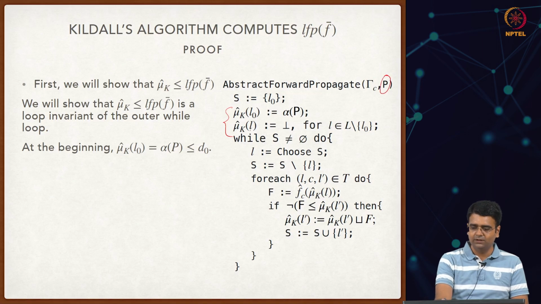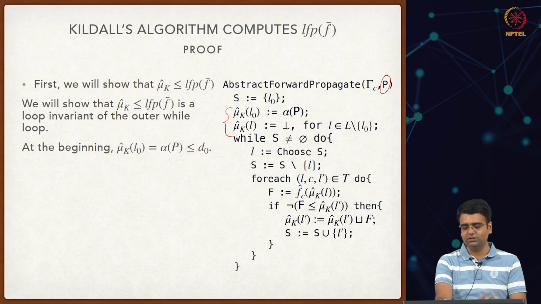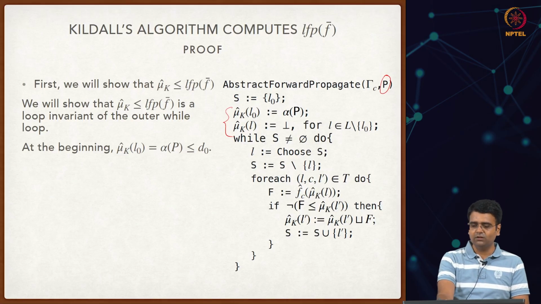This is the initial set of program states, or the initial valuations of the program variables with which you want to analyze the program. So at the location L0 I have the set of concrete program states given by the set of states p, and mu hat k is obtained by applying the abstraction function on p, and mu hat k for every other location L is bottom.